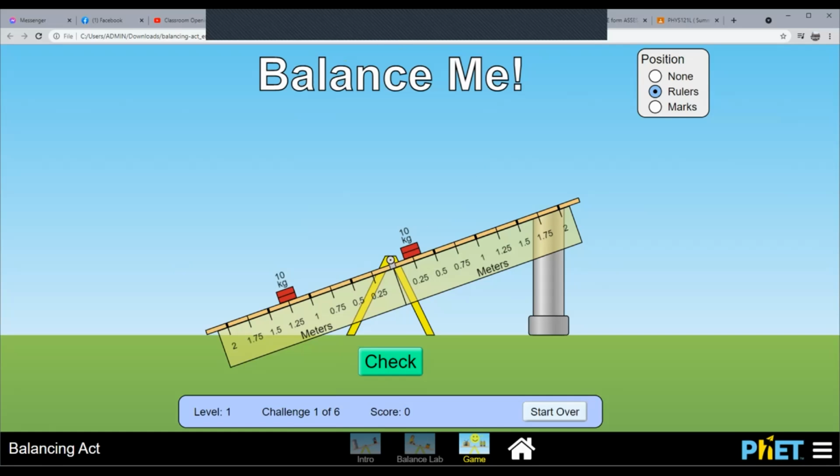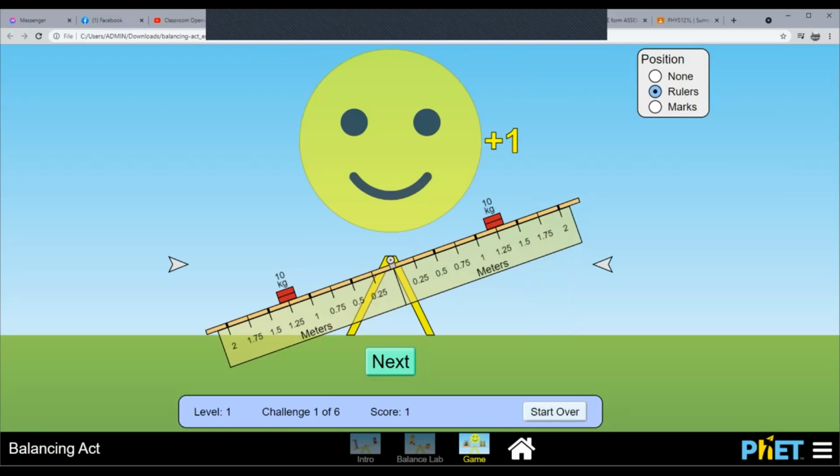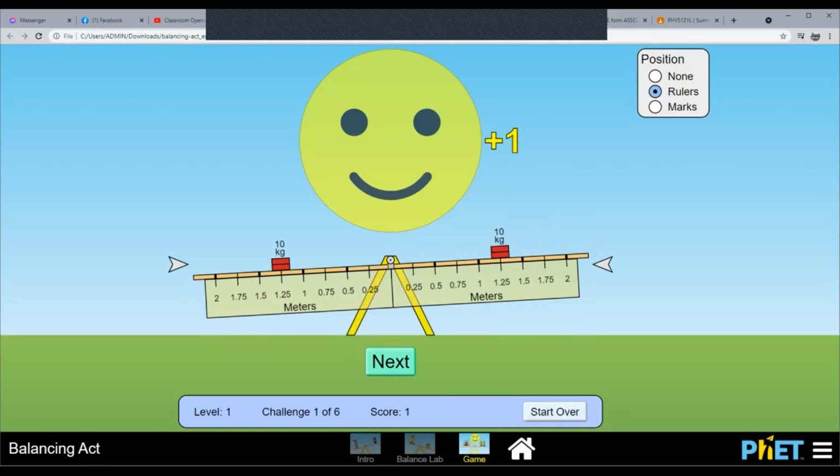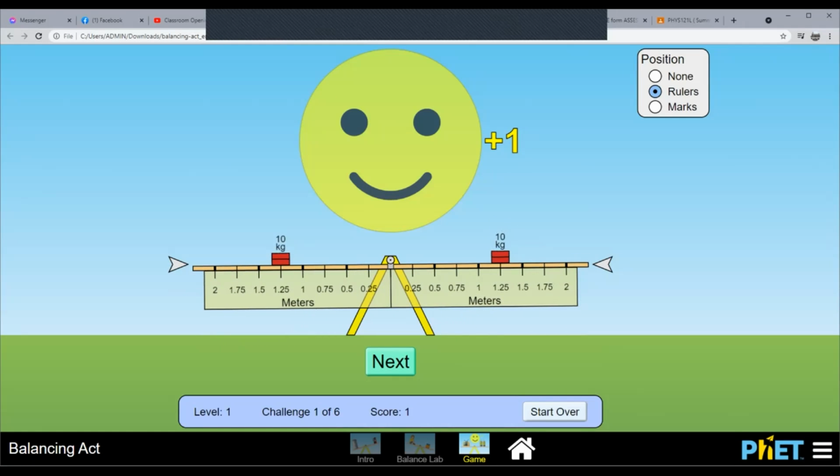Let us try again. So where do you want to put the 10 kilogram? Sa 1.25 po. Sa 1.25. Okay, so let us check. Okay, so we have a 1 point here.